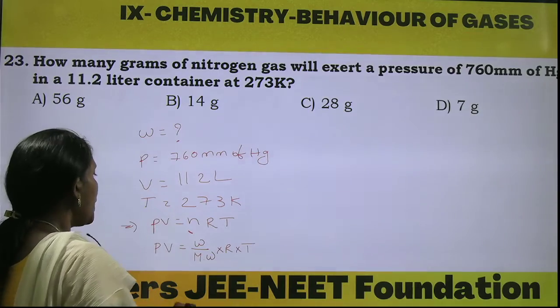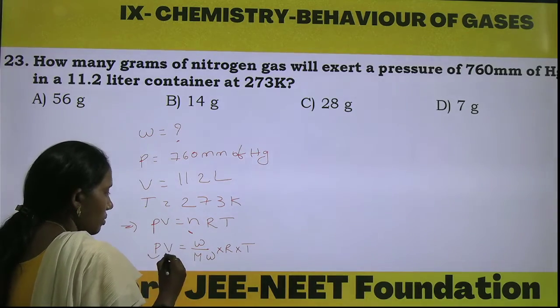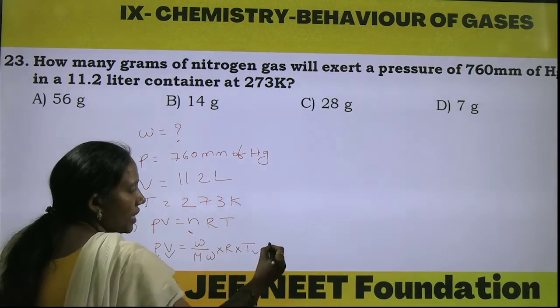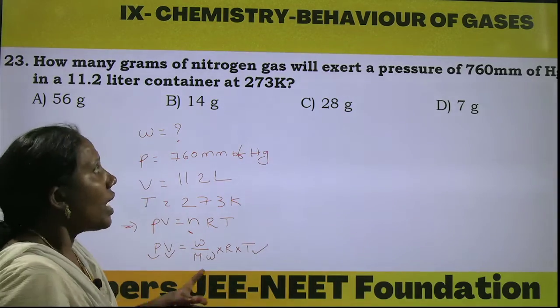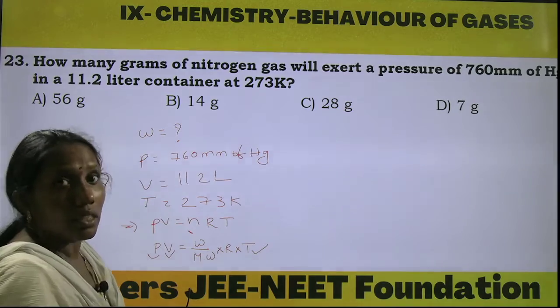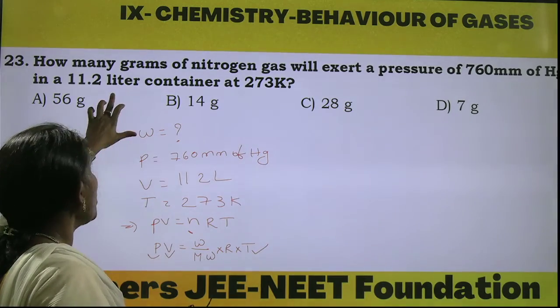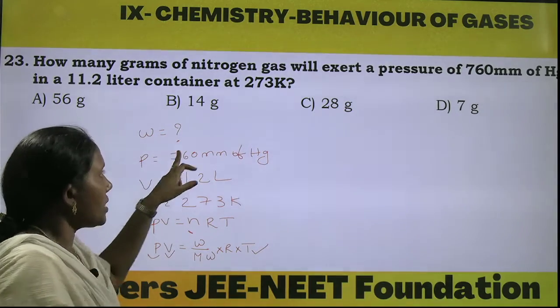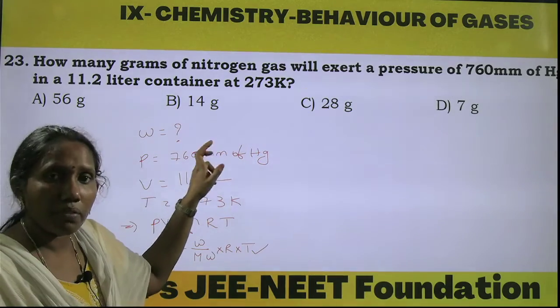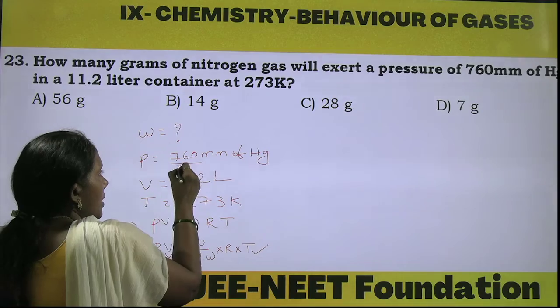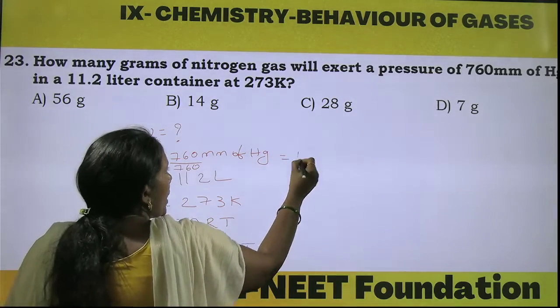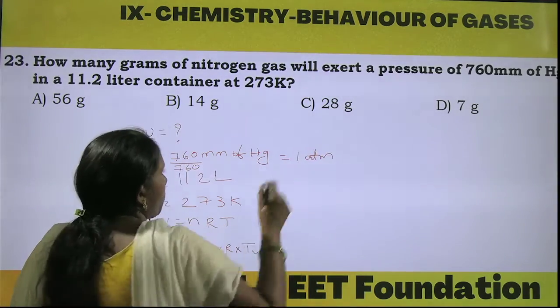So from the given data we know pressure, volume, and temperature, and R is the universal gas constant. Its value we have to take in liter atmosphere because volume is in liters and pressure is given in mm of Hg. We can convert this into atmospheres by dividing by 760, so you will get 1 atmosphere.